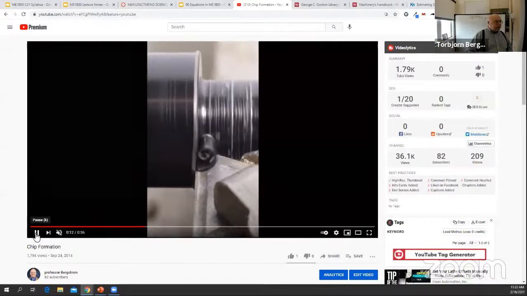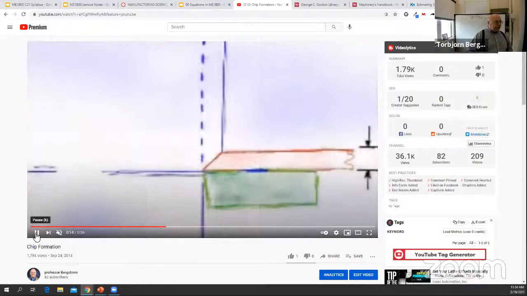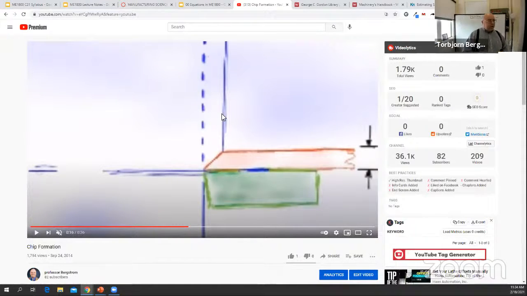The chip forms, slides across that rake face, and we can draw what it looks like here. So here's our cutting tool. Here's the uncut chip thickness, which remember is the feed times the cosine of the side edge cutting angle. And here's the chip as it slides across the rake face.